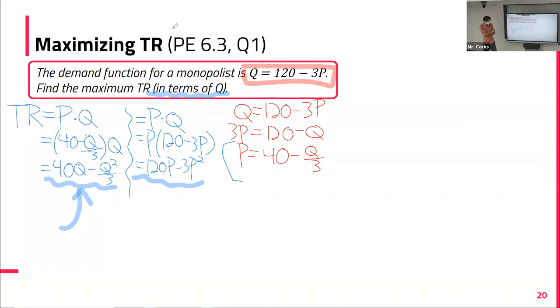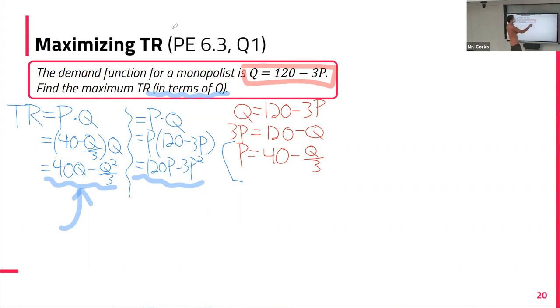But we could express a marginal revenue in terms of P as well. Like mathematically, that's still possible. We do prefer Q, but why do we prefer Q?